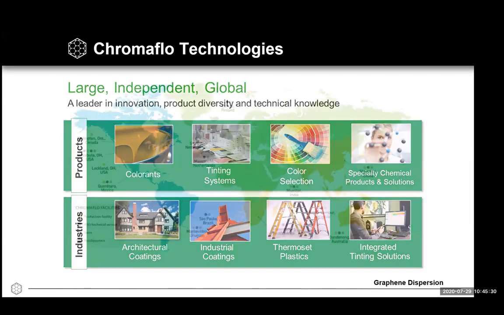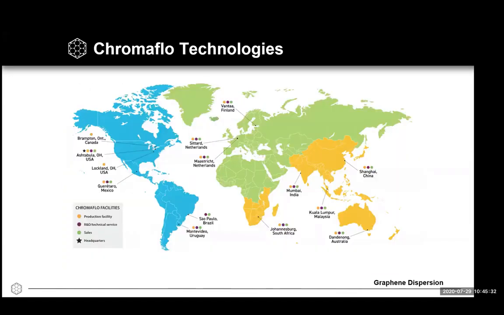To give you an idea of our overview, we have multiple technical and manufacturing facilities spread throughout North America. Our headquarters and principal R&D center is in Ashtabula, Ohio, outside of Cleveland. We also have facilities in Sao Paulo, Brazil, and also in Uruguay. We have multiple technical and manufacturing facilities in Europe.